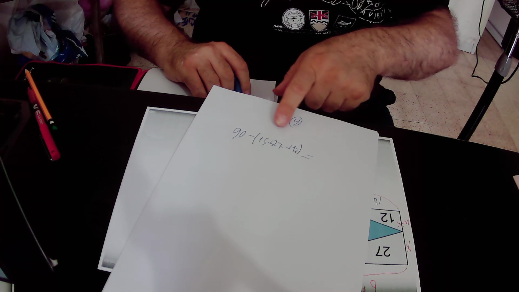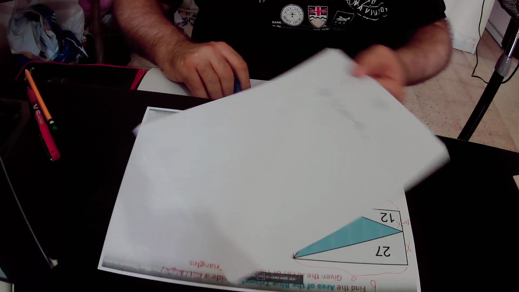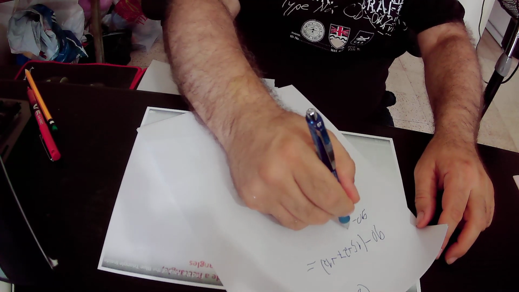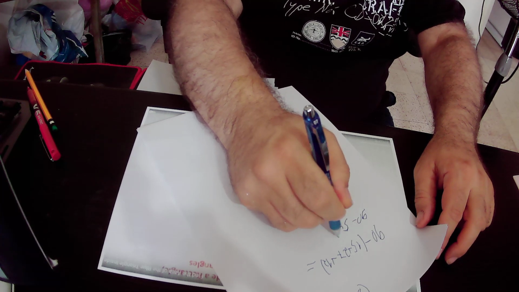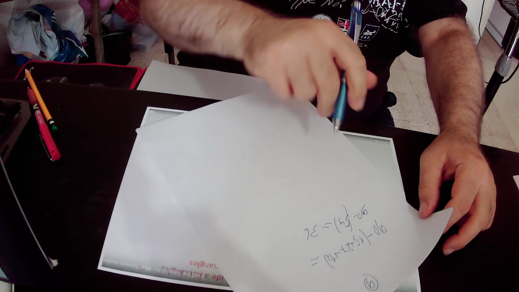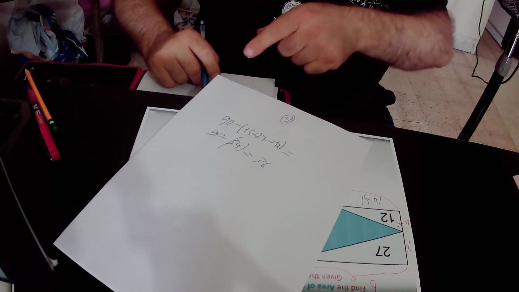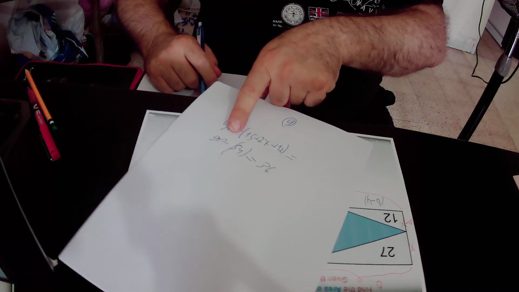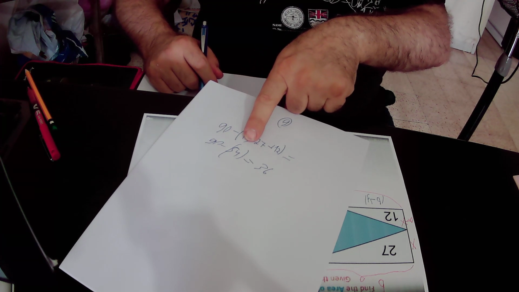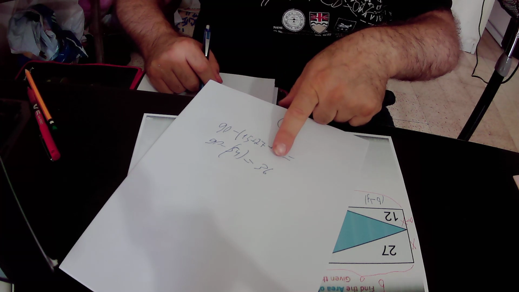So the sum of these three numbers is actually 54. And the area of the rectangle minus the areas of the three right triangles in total equals the area of the blue triangle.